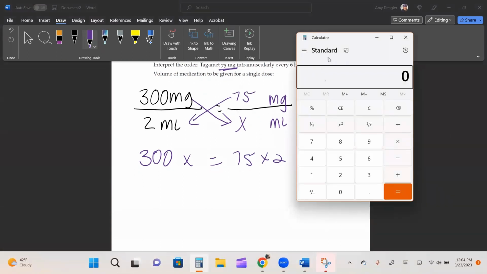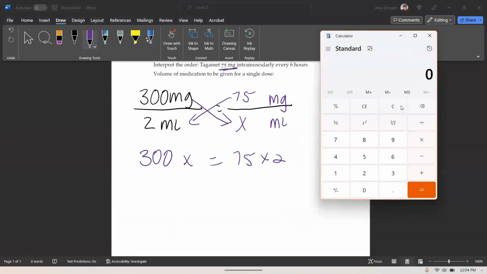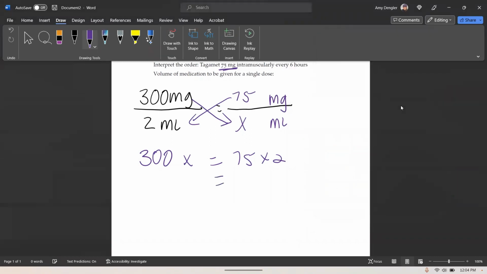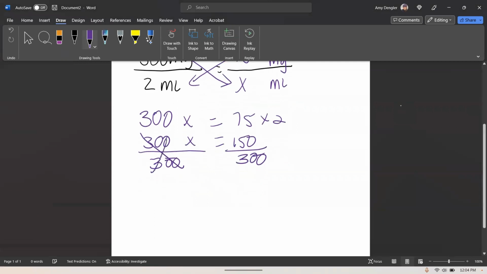All right. So now we just need to take care of that multiplication. So 75 times 2 is 150. And I'll write my 300X again. Now to get X alone, we have to get rid of that 300. To do that, we have to divide each side by 300. So over here, that crosses out. We only have X left.